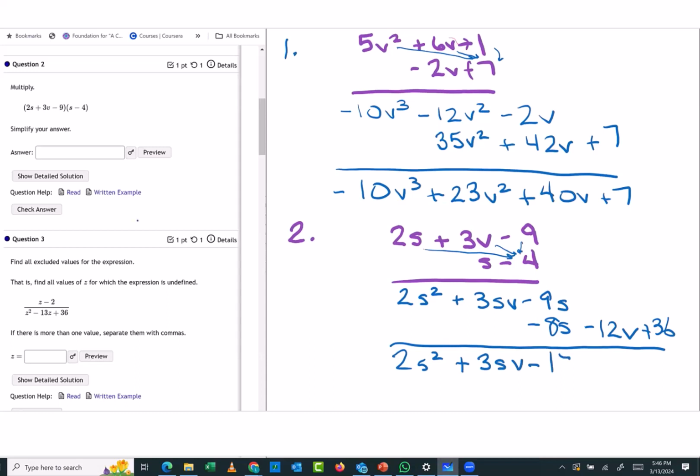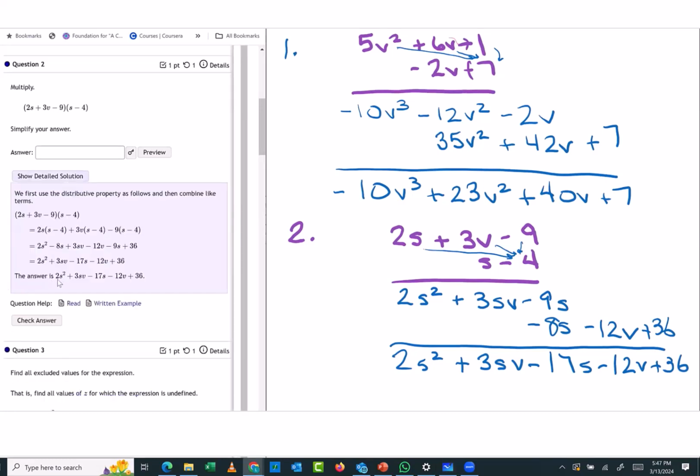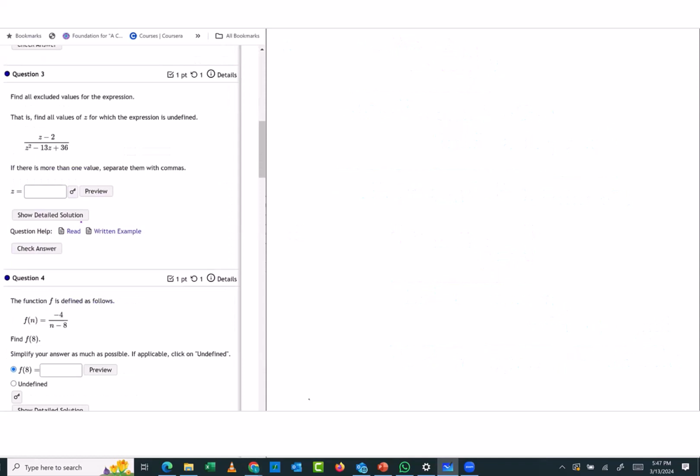But we got this one out of it. And that should be the answer. Let's see, 2s squared plus 3sv minus 17s minus 12v plus 36. For number 3, what they're asking for is excluded values.